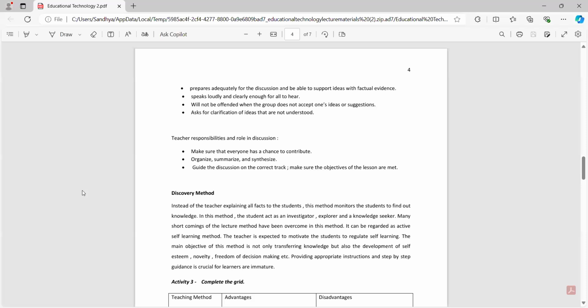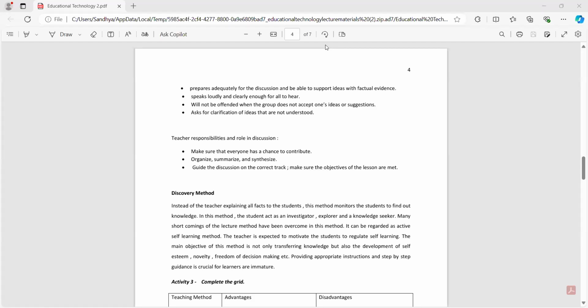And then the teacher has to guide the discussion on the correct path, not allowing the students to deviate from the topic. Otherwise, the students deviate from the topic and then they don't learn what they're supposed to learn. So this is about the discussion method, which is grounded on student-centered learning.